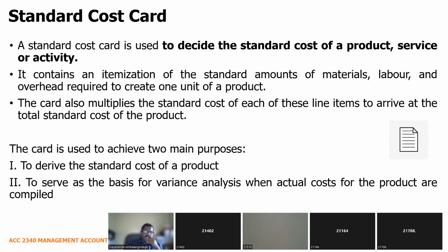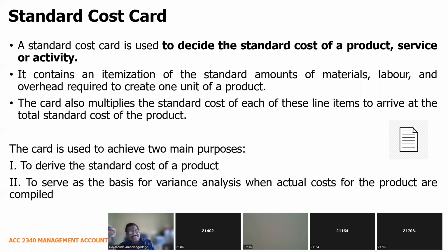Standard cost means really we may do different estimates for different operations, different activities. Based on these estimates, we are trying to quantify the resources requirement for one unit and the unit cost.